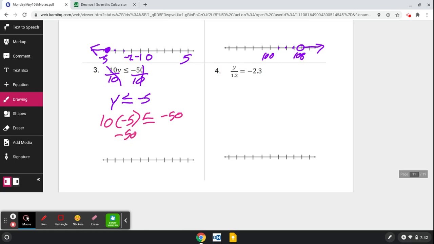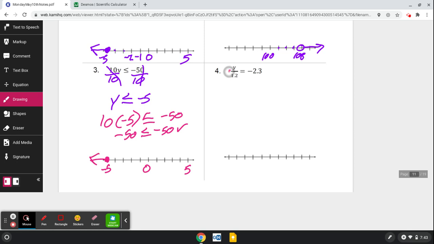Negative 50 is less than or equal to negative 50. So that works. Yay. Okay, so negative 5 is my answer set. So I have negative 5 here, 0, positive 5. And it is a dot, and it goes that way.